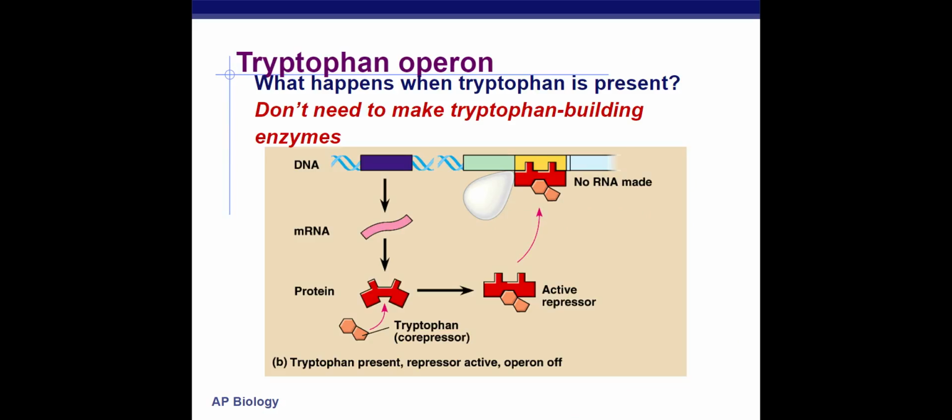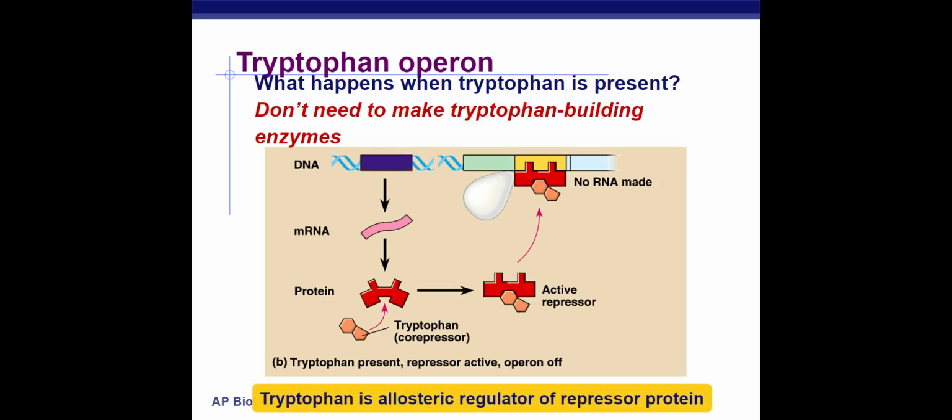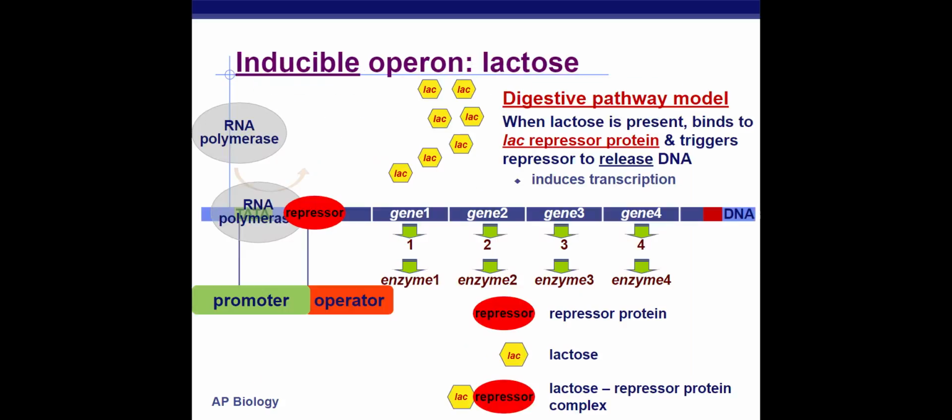A closer look at the repressor protein again: we have excess tryptophan, it attaches to the repressor, changes shape, and turns off that operon. Then we save a bunch of energy because we are no longer making these enzymes that we don't need.